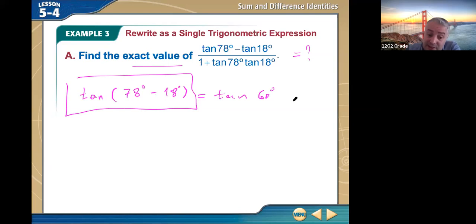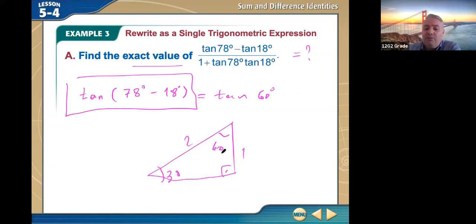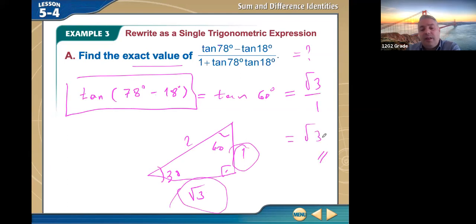So this is equal to tangent 60. What is tangent 60? If you don't know, just draw 30 here, 60 here. If the hypotenuse is 2, the opposite of 30 is 1 and the opposite of 60 is root 3. Tangent means opposite over adjacent, so root 3 over 1. The answer comes out root 3. Finished. That's it.